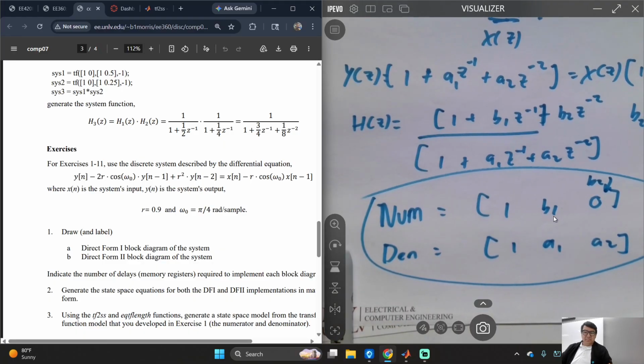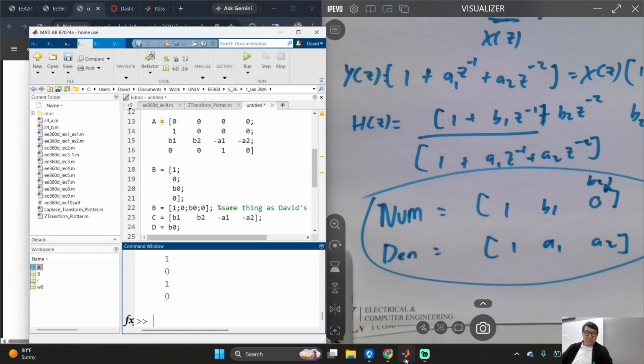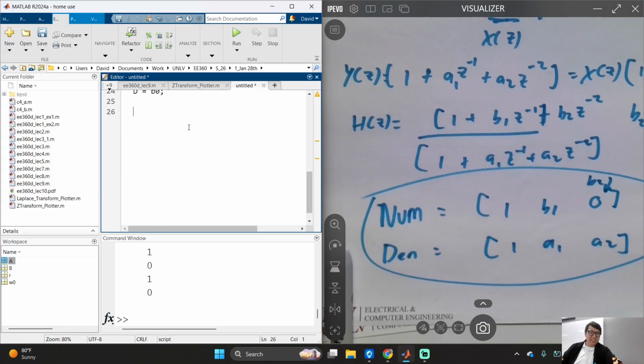So, how do I punch this in MATLAB? I'm going to do num is equal to 1, b1, 0. Make sense? Or should I do b2, just for clarity? The denominator is going to be 1, a1, a2, cool.